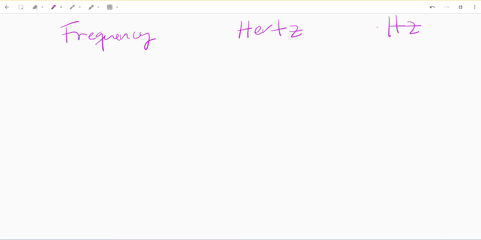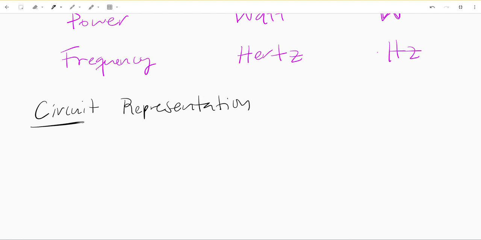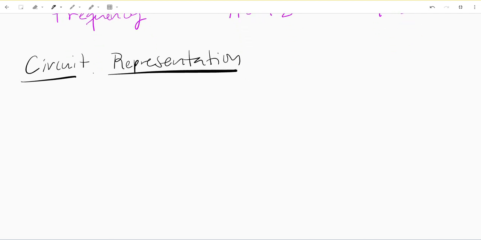In terms of some key circuit representations, if you have a DC source, such as a battery, this is how it's represented on a circuit.